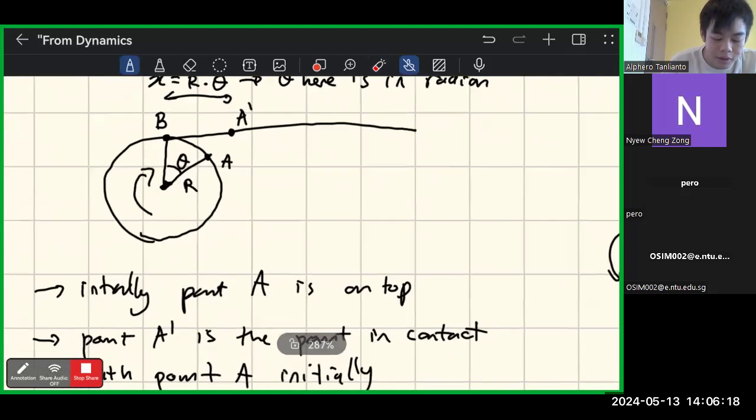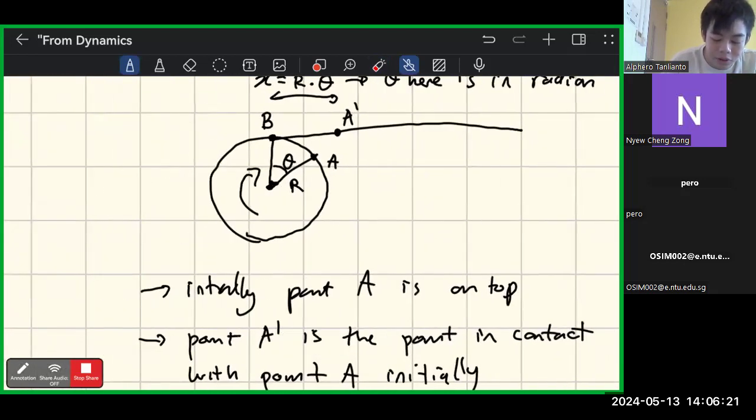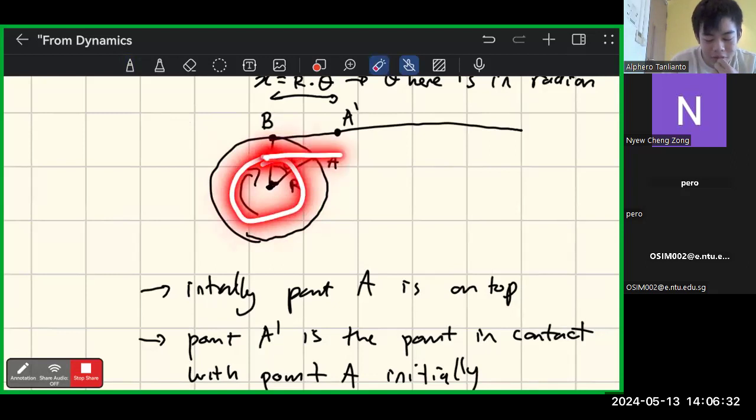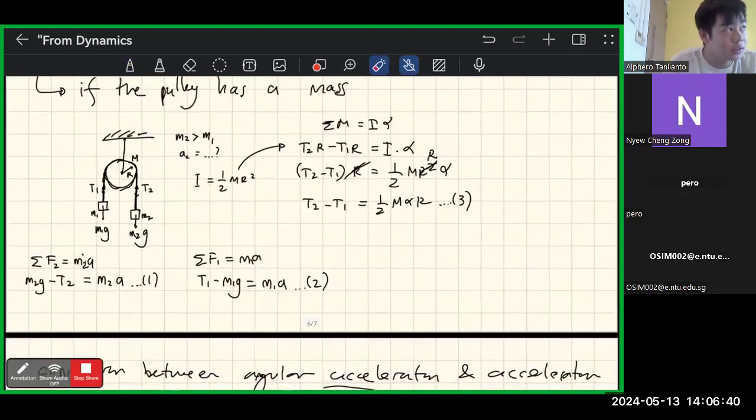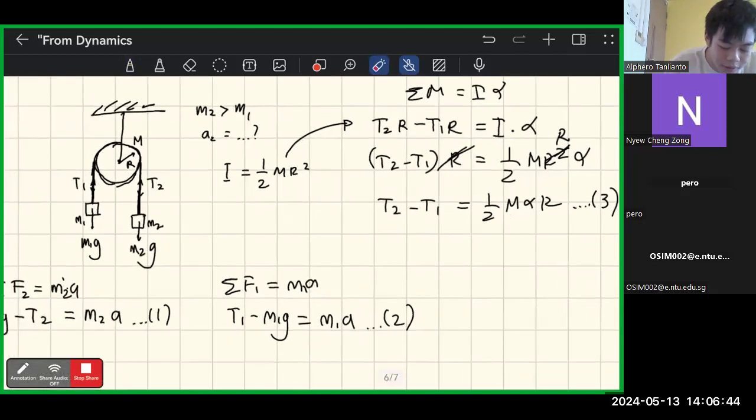But mind that if the thread is not connected on the edge of this circular object, you have a smaller R. Just mind where the thread is connected, because there are questions where T1 is connected on the inner edge, but T2 is connected on the outer edge.